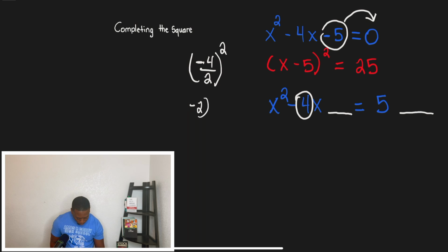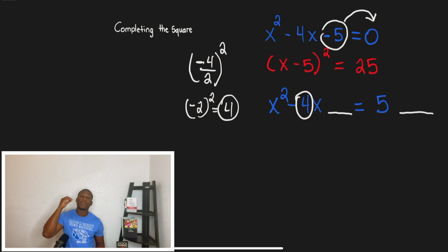So once we simplify, we're going to get -2 squared, and we'll get 4 once we square it, right? So now this is the number that we're going to add to both sides. So I'm going to put +4 on the left-hand side, and then I'm going to put +4 on the right-hand side. All right, guys? And at this step right here, we're going to start cleaning it up.